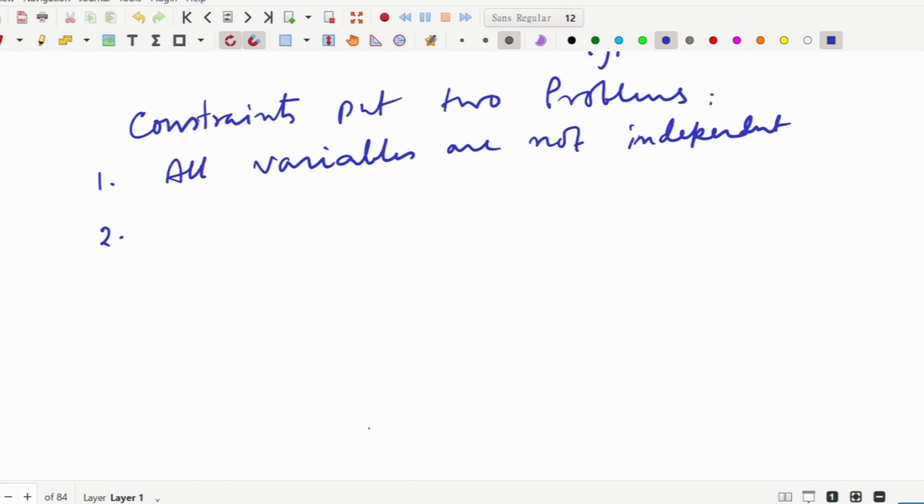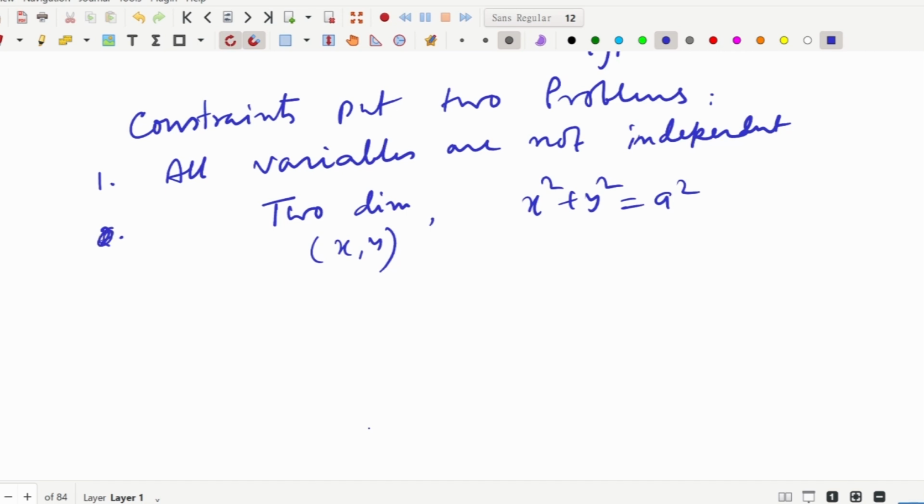For example, if you have a motion in two dimensions, and we say that the constraint is x square plus y square equal to a square, then both x and y cannot be independent. Either x is independent or y is independent, one of them will be independent. So when a constraint is present, all variables are not independent.